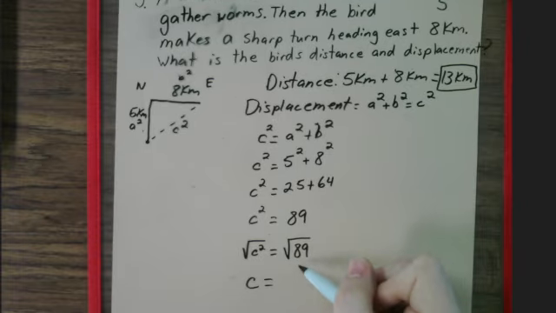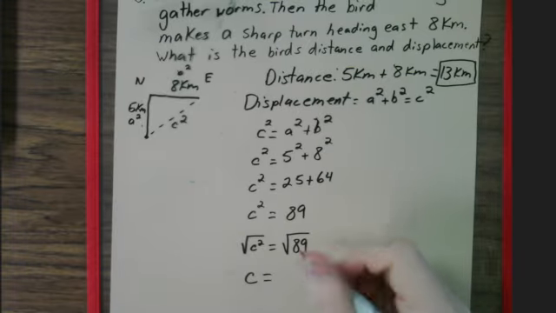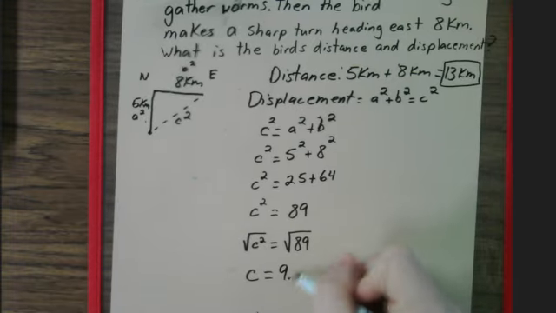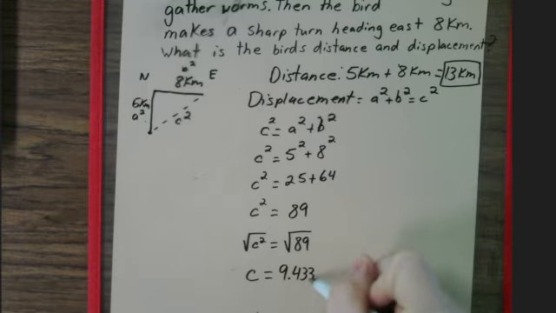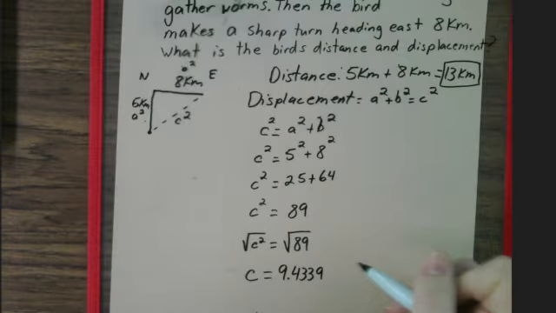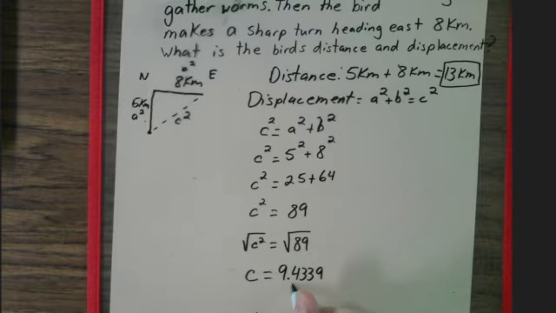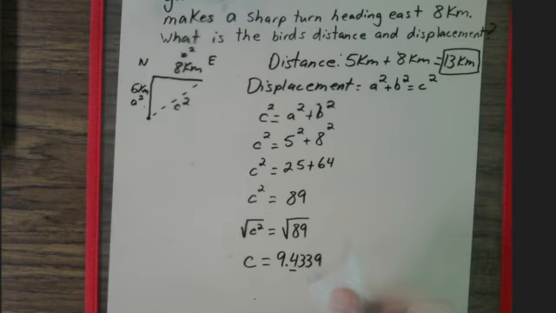The square root of 89, after you plug that into your calculator, is 9.4339, and so on and so forth. But we are going to round to the nearest tenth. The nearest tenth is this 4 here. So we are going to say c is equal to 9.4.